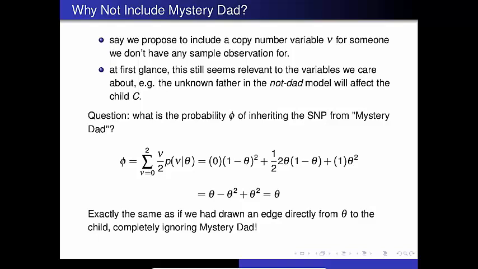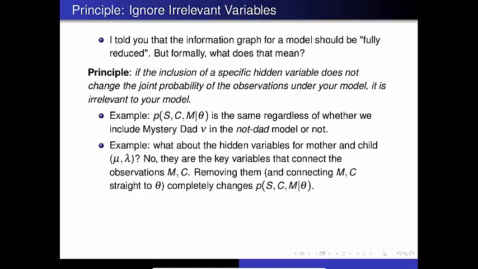So you can consider that to be the test for whether a particular random variable is relevant to your model. If it doesn't change the likelihood of your observables, it's not relevant. Any questions about this principle?